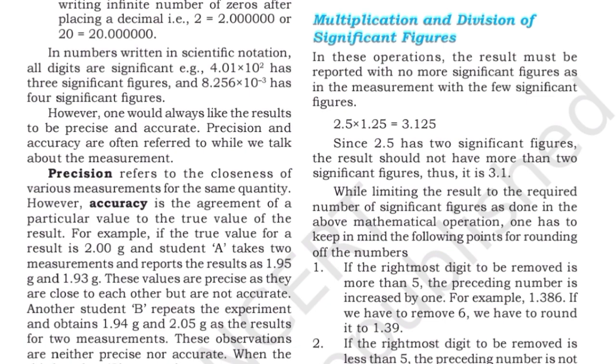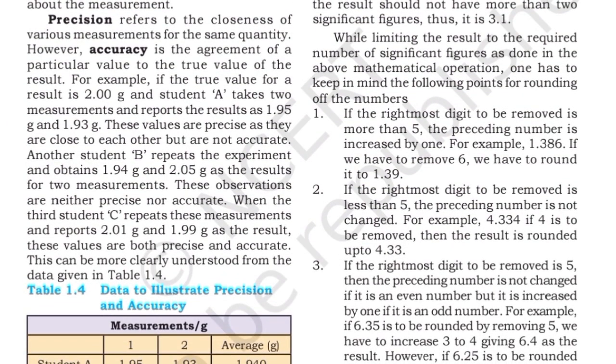For example, if the true value for a result is 2.00 gram and student A takes two measurements and reports results as 1.95 grams and 1.93 grams, these values are precise as they are close to each other but are not accurate. Another student B repeats the experiment and obtains 1.94 grams and 2.05 grams as the results for two measurements.